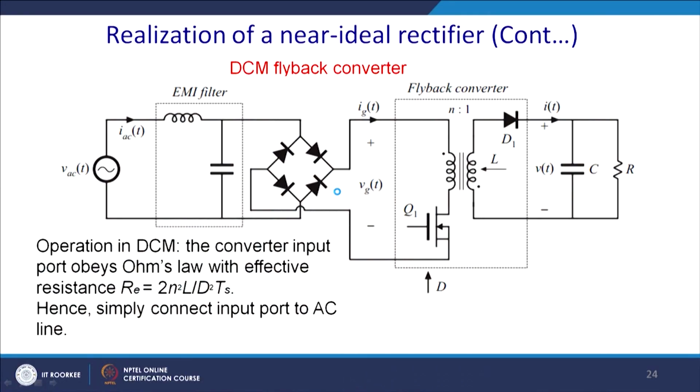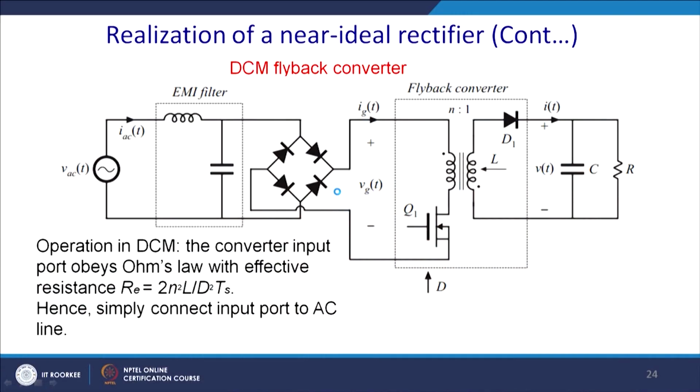Now, let us see one example where the power flies back and stores the energy. This is a very common usage for below 100 watt AC to DC conversion. Your laptop charger and your mobile charger are essentially of this kind of topology. So, this is the EMI filter.